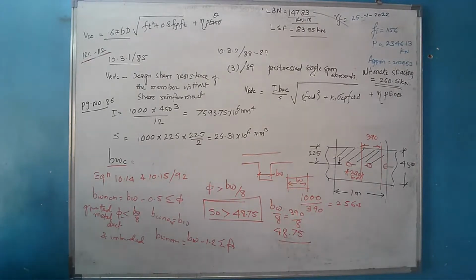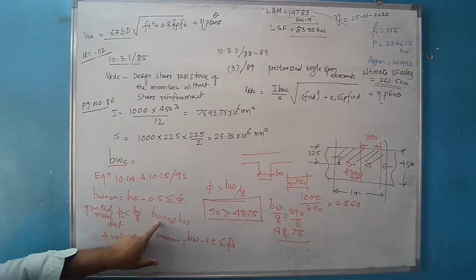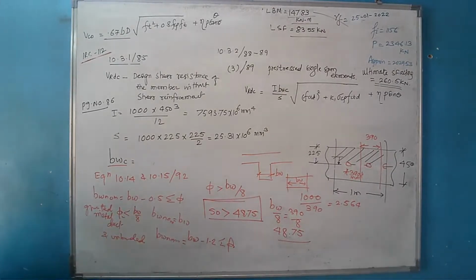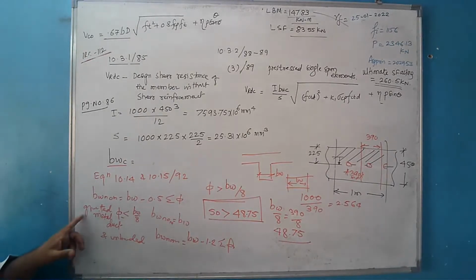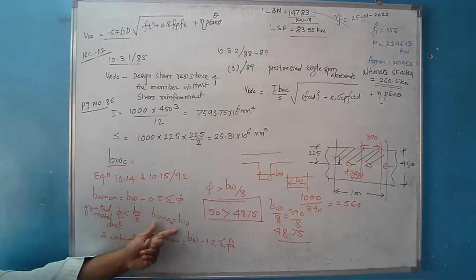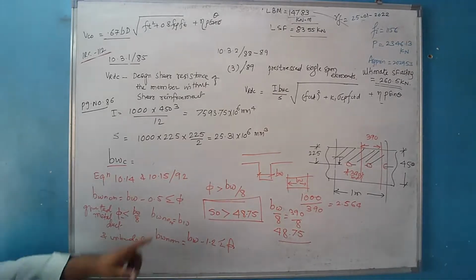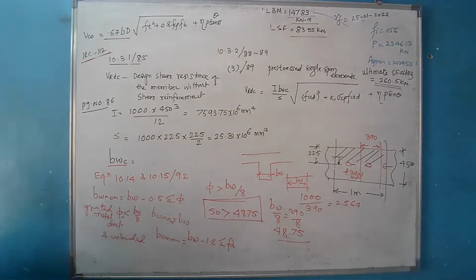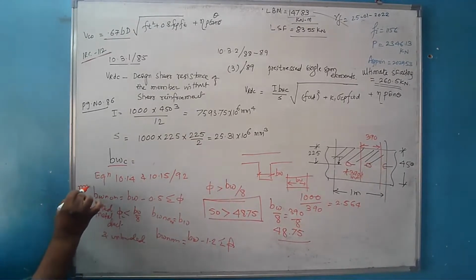So in all there are three things. एक बार ये रहेगा, एक बार ये रहेगा, एक बार ये रहेगा. Out of these three, which we have to consider? ये कब है? When it is grouted metal duct and phi is less than BW by 8, then consider this. But our is the case when phi is greater than BW by 8. If it is a metal duct, this is again for the metal duct. Then consider this.